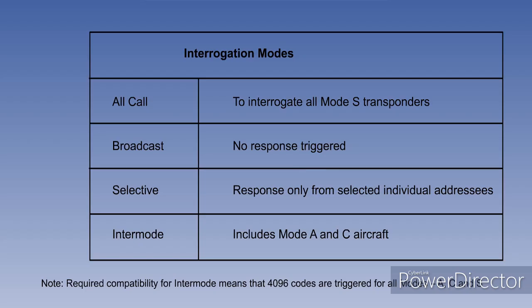Therefore, the basic 4096 code always applies to modes Alpha, Charlie and Sierra, and is always triggered whether either the aircraft or the ground radar has Mode Sierra or not.